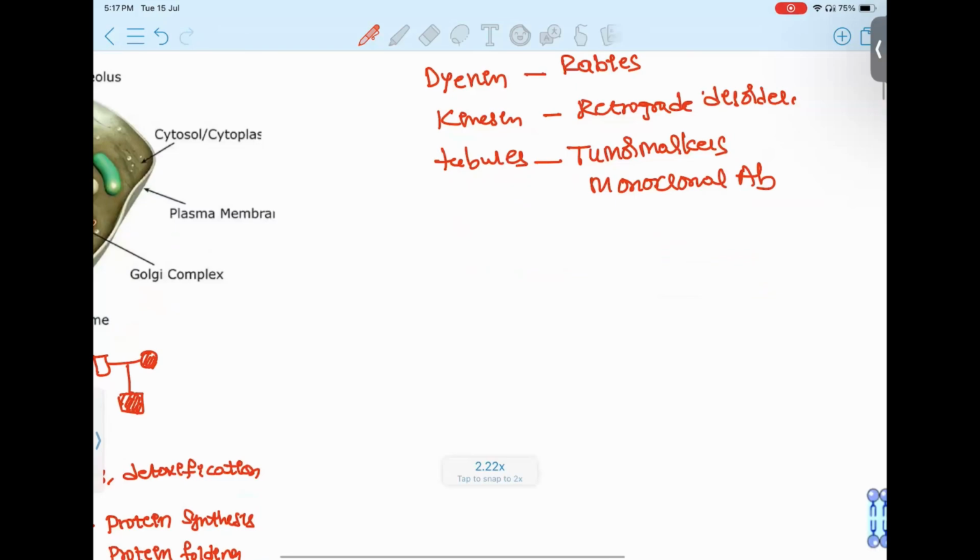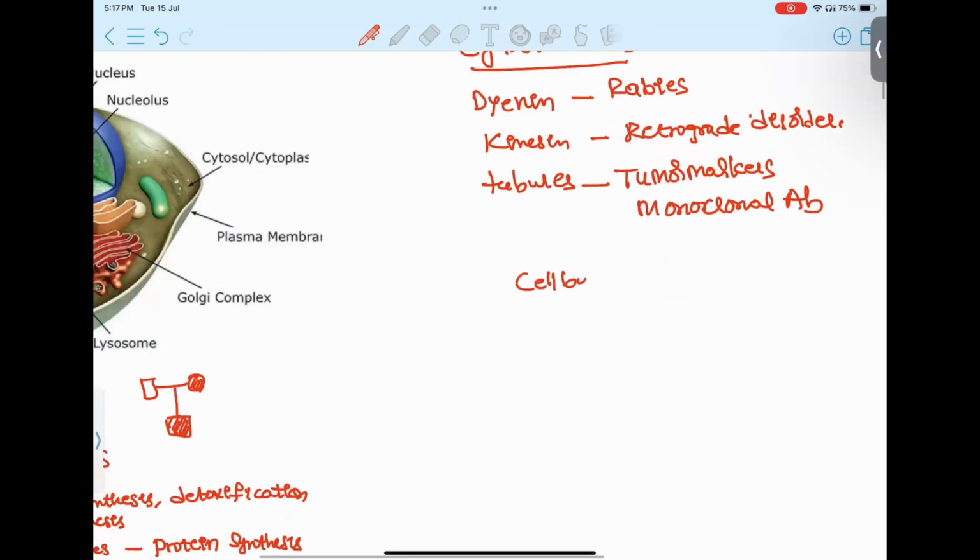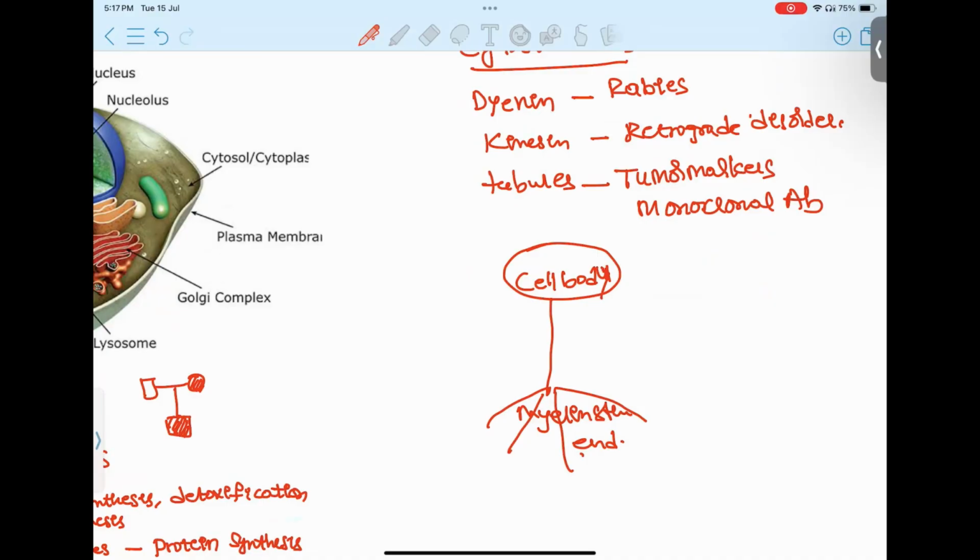For example, this is the cell body, and this is your myelin sheath and end plate. If the dynein is here, it will transmit its signals to here.